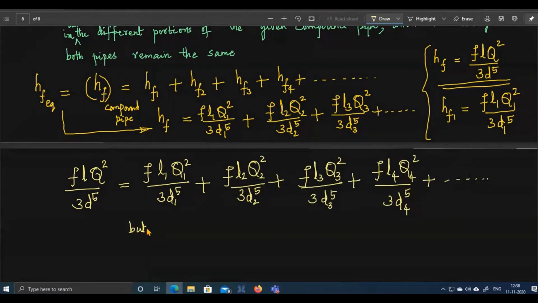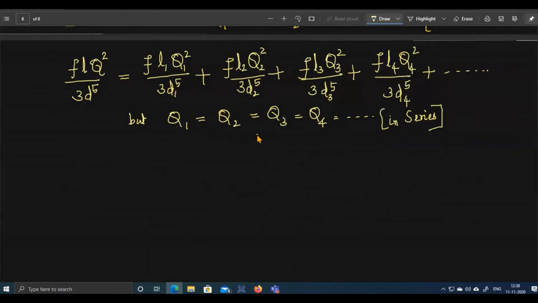We know that Q1 is equal to Q2 is equal to Q3 is equal to Q4 and so on. So all of this is equal to, say, Q. An equivalent discharge in the sense of the same discharge. Q1, Q2, Q3, Q4, etc. are all the same.